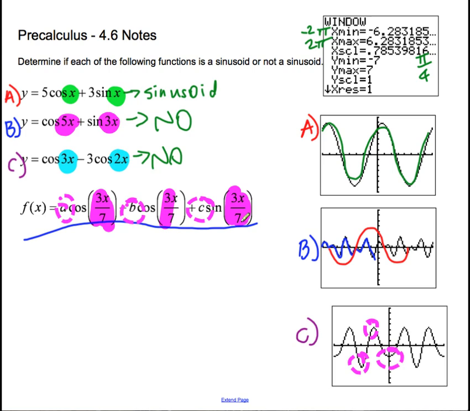I don't know what the period is on all these guys right off the top of my head, but I do know, because they all have the exact same thing in there, all the periods are the same. And if all the periods are the same, and you're dealing with a sine or cosine curve, then you're going to have a sinusoidal shape. So is this guy a sinusoid? And the answer is yes, he is.